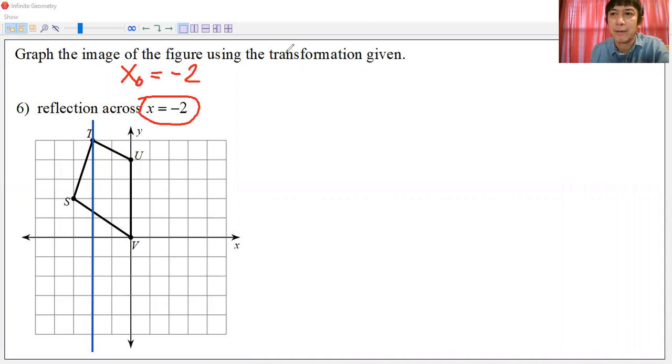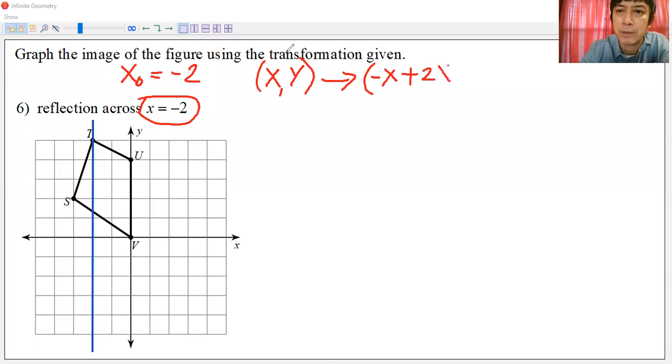That means the x values are the ones changing. The y values are constant. So let's have the rule x, y. The x values are the ones changing, so negative x plus 2 times x of 0. Remember this formula, and then y is kept constant.